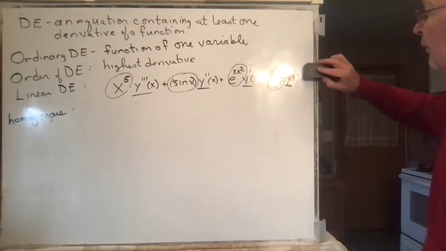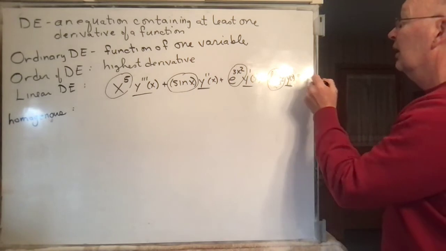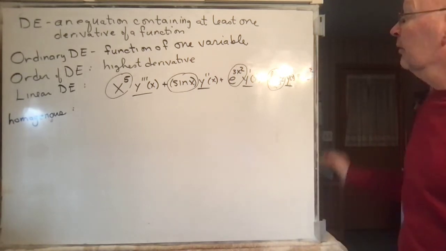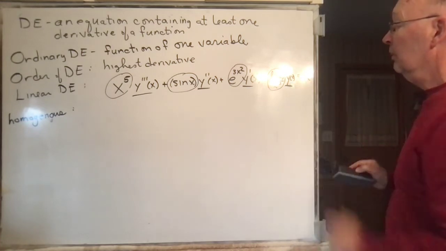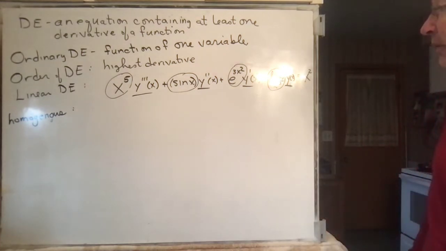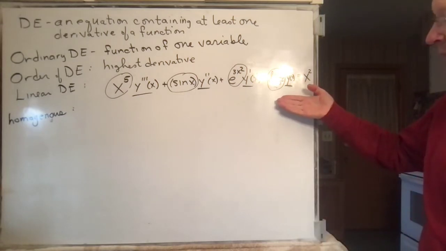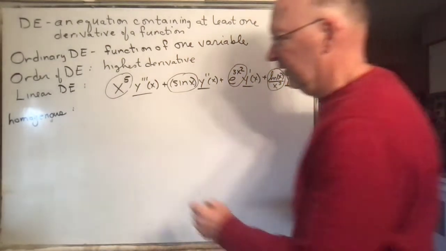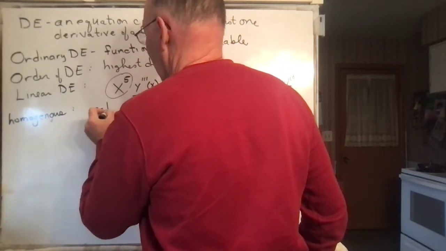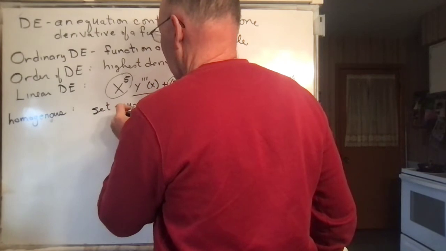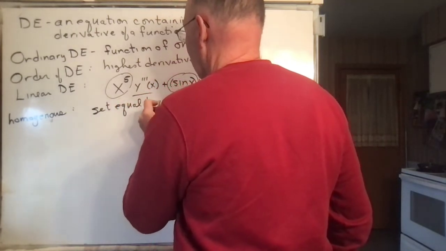As soon as you set it equal to anything other than 0, x squared, or 5 or 7 or whatever, it's non-homogeneous. So homogeneous just means set equal to 0.